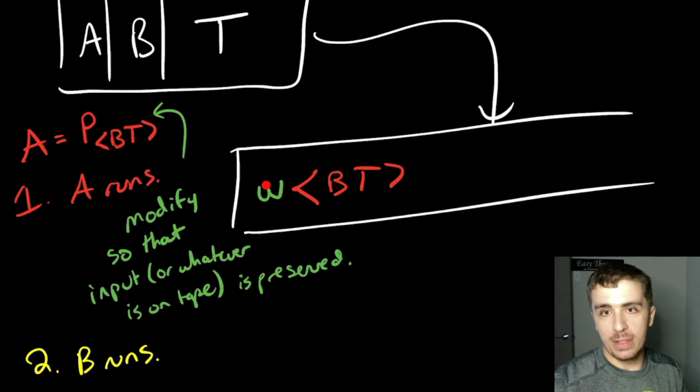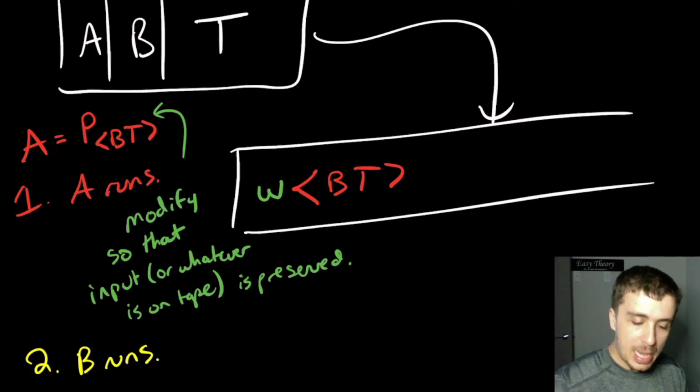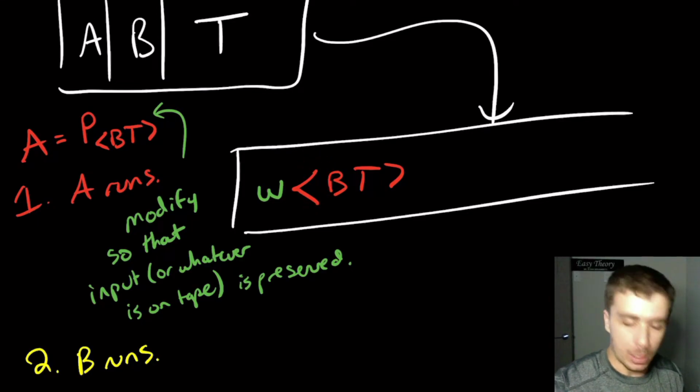Because we have the BT, that's what's being printed right here, but the W is a part of A because that's the input. So here, what are we going to do? We're going to apply the convert to Turing machine function and append the A to this part right here.